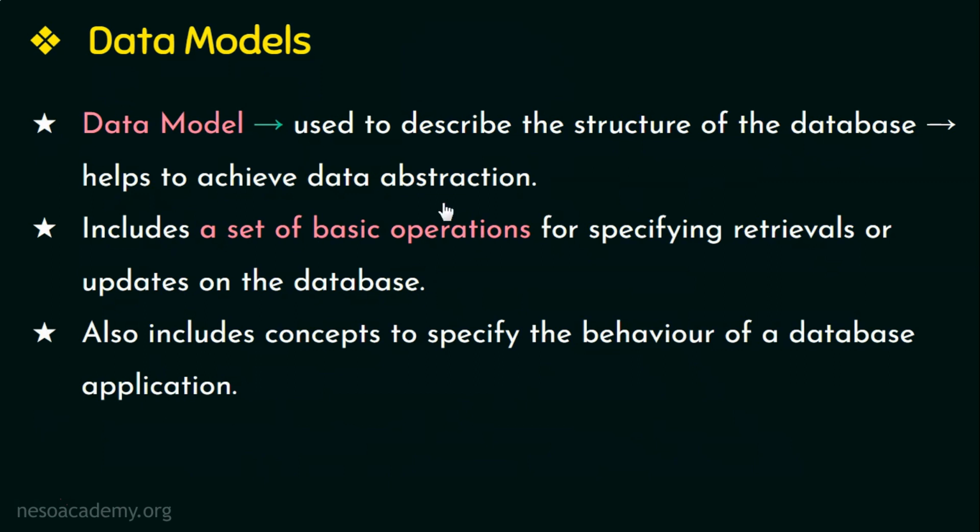In addition to these basic operations, a data model also includes concepts to specify the behavior of a database application, and so it allows the database designer to specify a set of valid user-defined operations. So this is an introduction to data models and why we require them, that is, to achieve data abstraction.